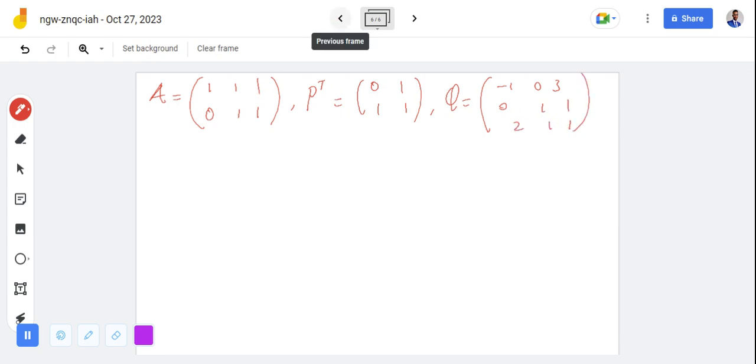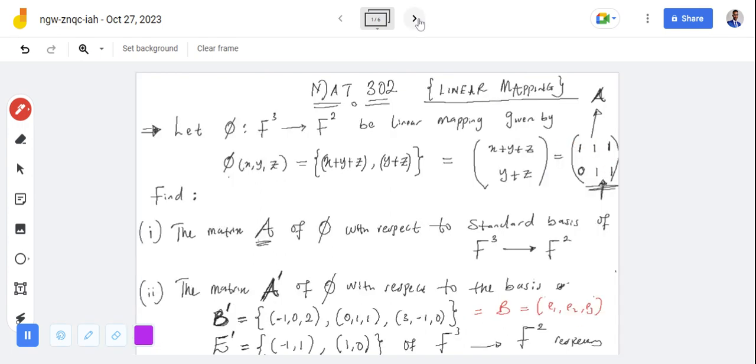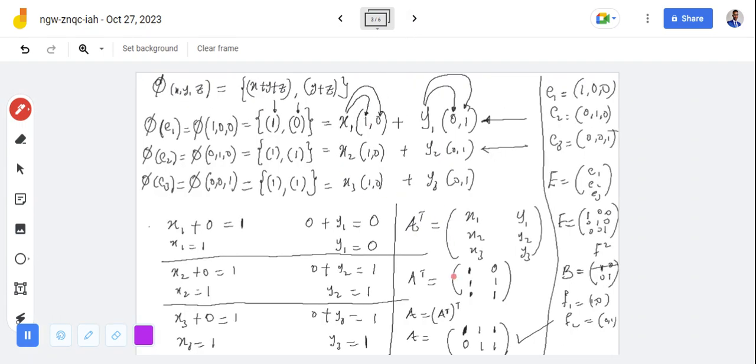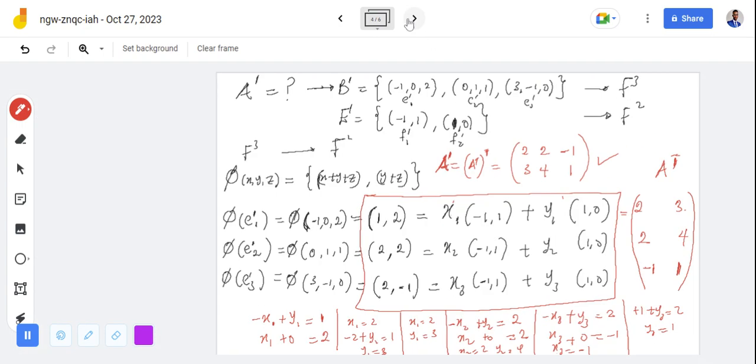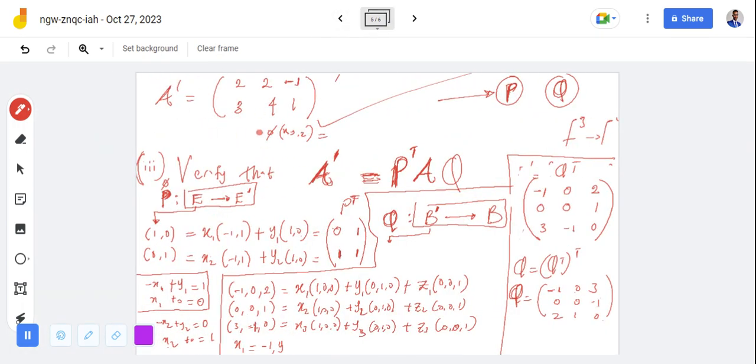This matrix A, you know where I got it from at the beginning: I used this short method, or you solve it out and then you have this result. Now, what did the question ask us to verify? That this final result we got for II is equivalent to this. So let's check.